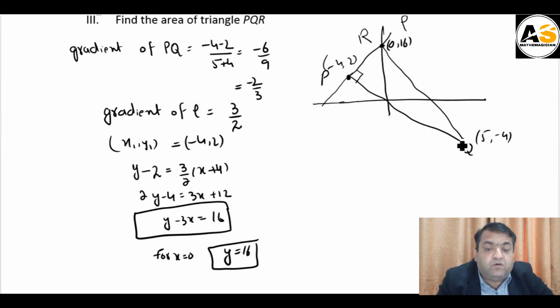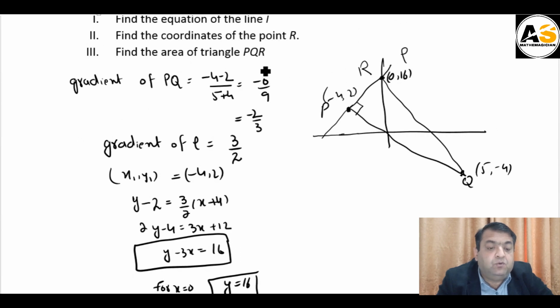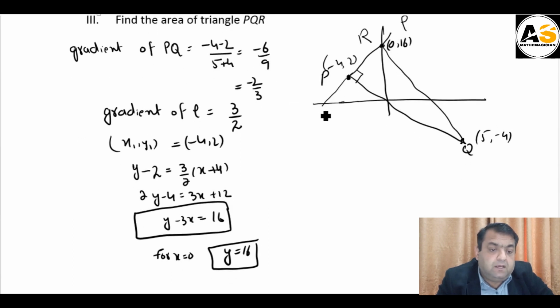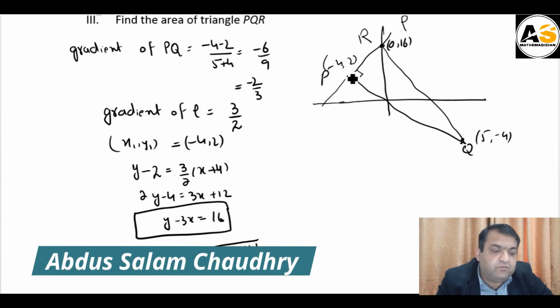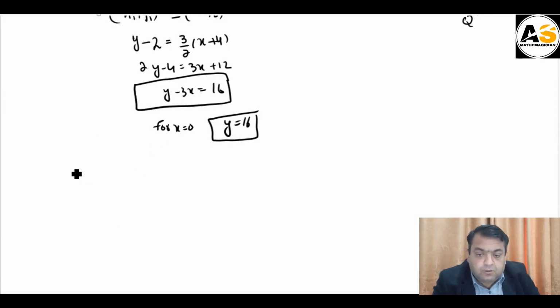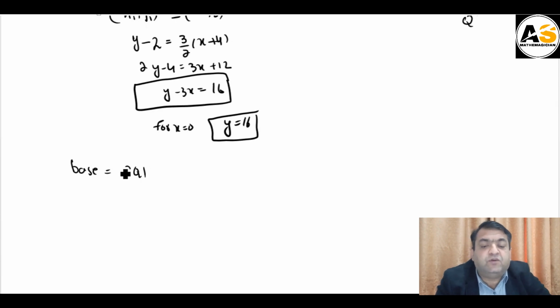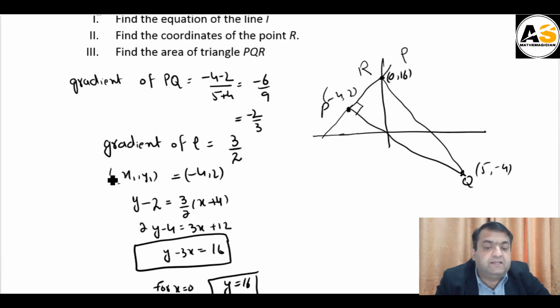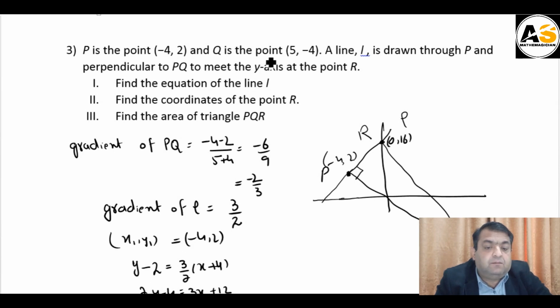We are required to find the area of triangle PQR. This is the base of the triangle and this is the height. Area is equal to base multiplied by height divided by 2. What is the length of the base? The base is equal to the distance PQ, which we can find with the two-point distance formula: x1 minus x2 squared plus y1 minus y2 squared.